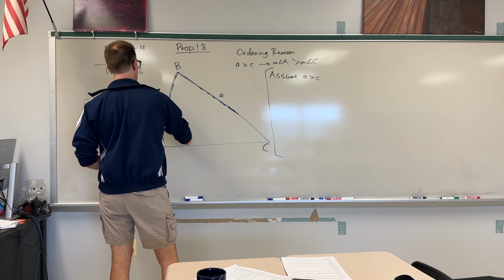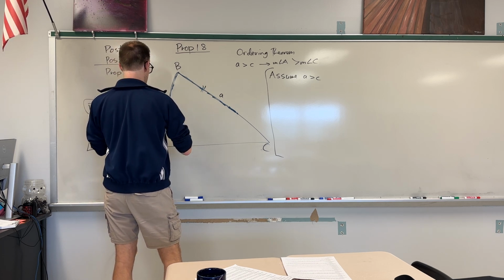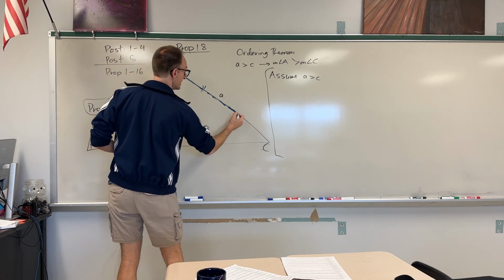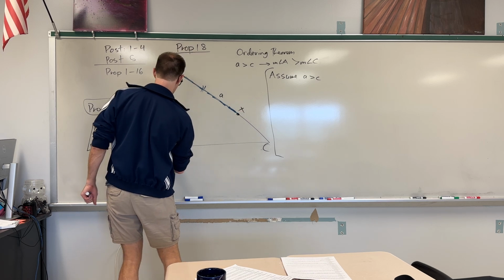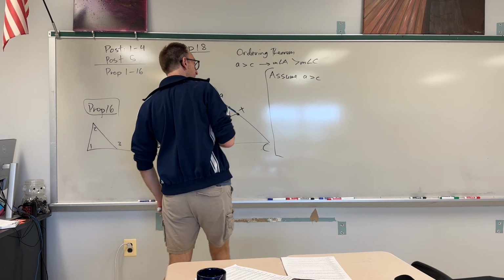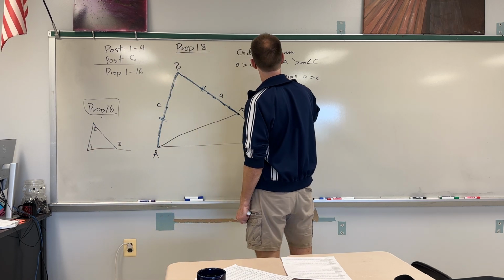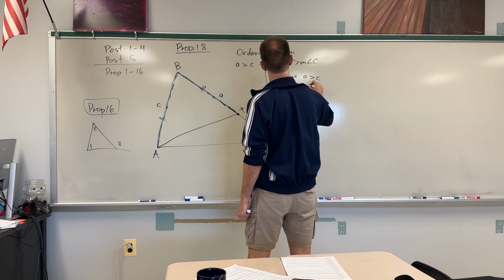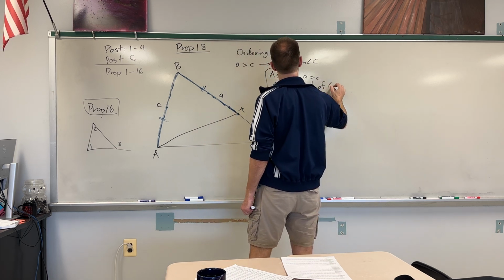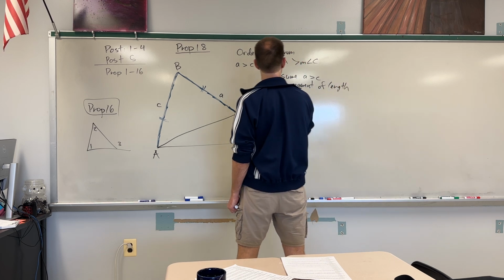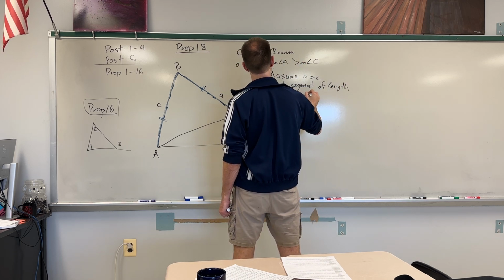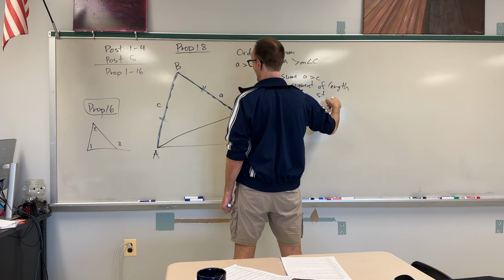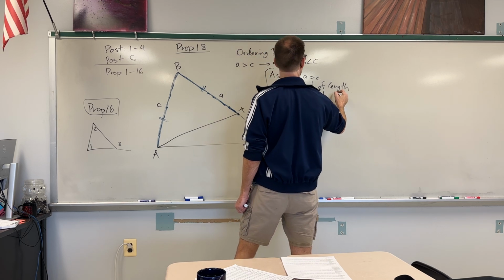Okay, now having done that, this is X, and now I'm going to let people here do a little bit of thinking. So what are the steps? Cut segments of length C from A such that AB equals BX.